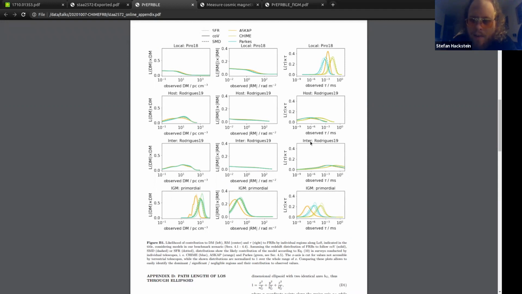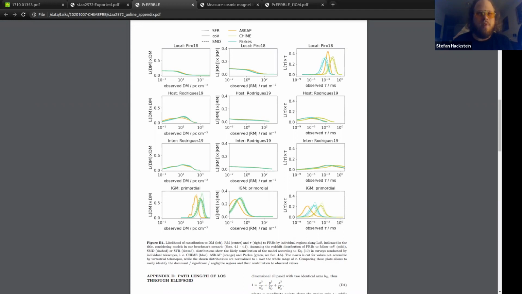Looking at the intervening galaxy plot, we see that this has a rather significant likelihood of showing very high temporal broadenings, which cannot be produced by the host environment and only in some very minor cases by the intergalactic medium, but it is only the local environment which can produce broadening at the same scale. And so we are likely looking at some more turbulent and some more dense local environments than we have been assuming here.